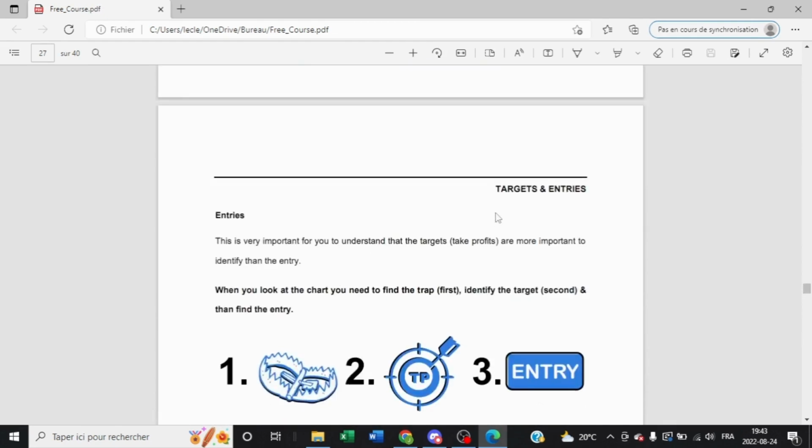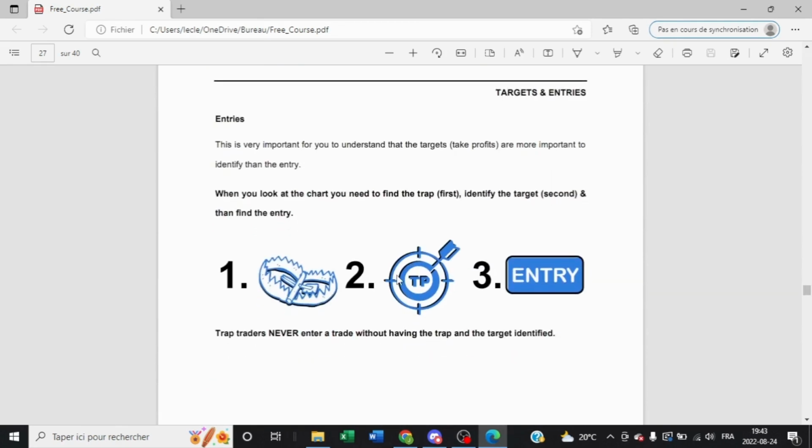It is important to know that the targets are more important than the entries. So as a beginner, you should focus more on the direction than on the entries. I know that you guys are seeing some sniper entries and you want to do the same, but start with the basics.